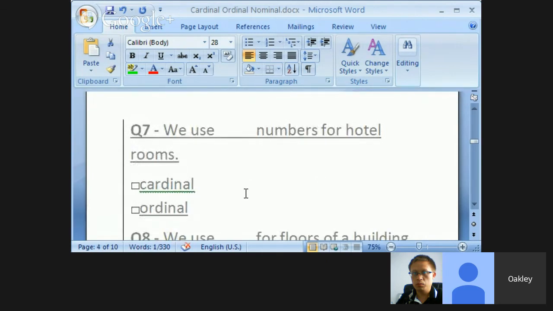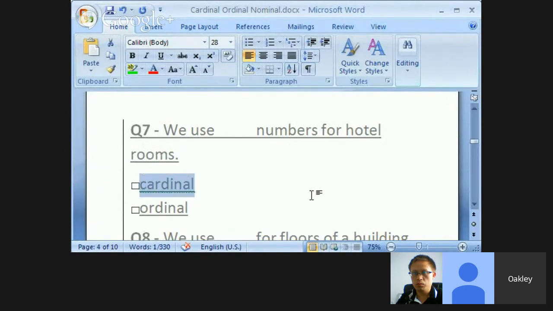Zinyu, we use what kind of numbers for hotel rooms? We use the cardinal number for hotel rooms. Actually, this is a trick.